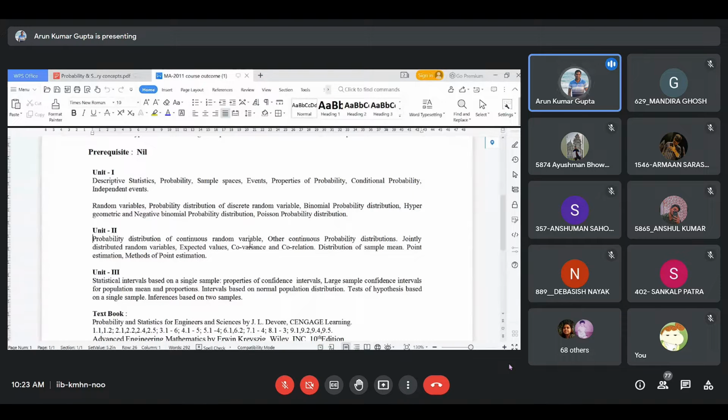Then we have jointly distributed random variables. When I say jointly distributed, it means more than one random variable, maybe two, three, or more. Basically, here we are going to discuss two random variables. The idea can be extended to 3, 4, and n random variables as well. Then we go for the mean, covariance, and correlation.